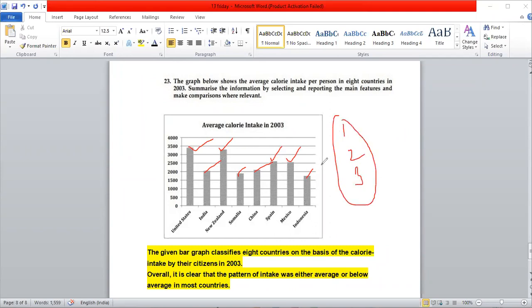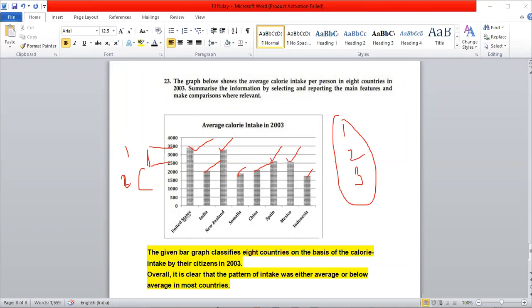We have another way. You can classify the range 3,500 to 2,500 as one range, and under this, the second range, so one paragraph each. This is also an ideal presentation.